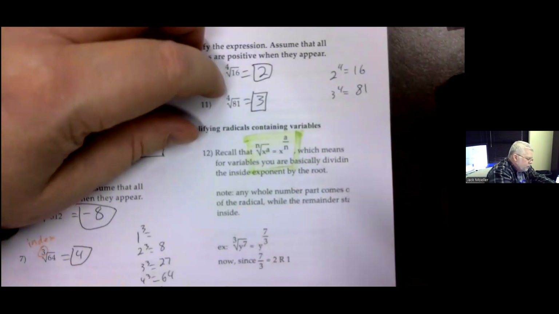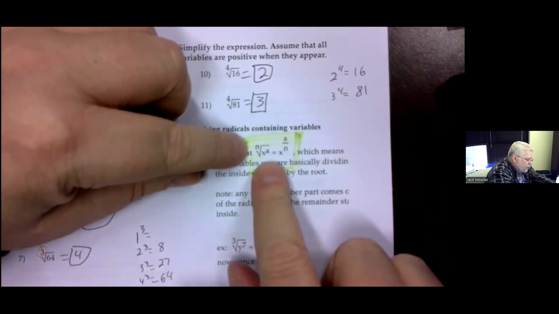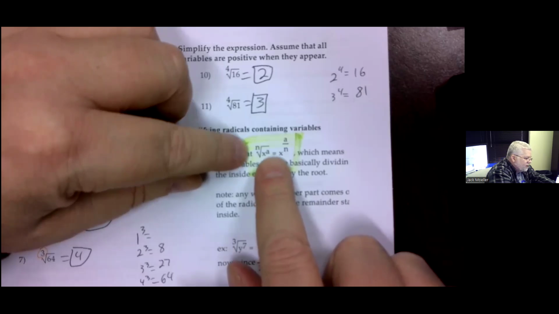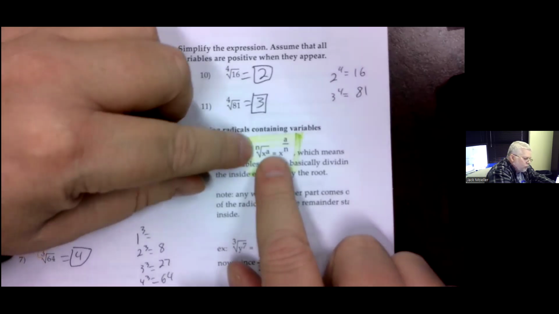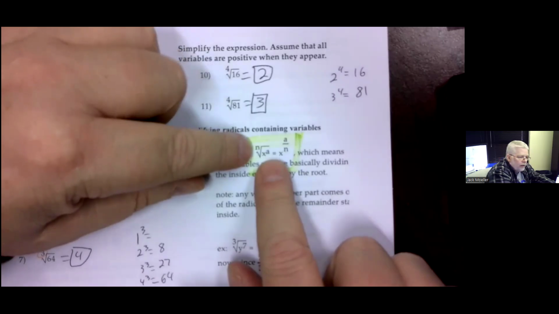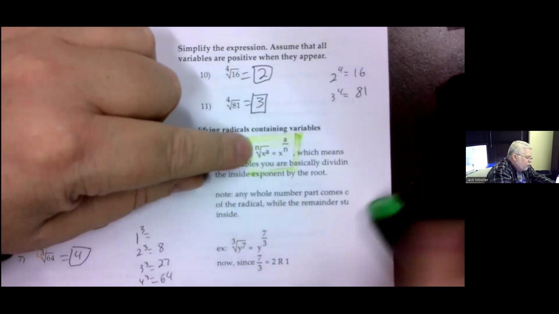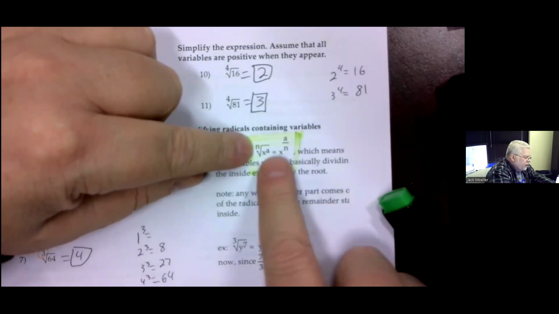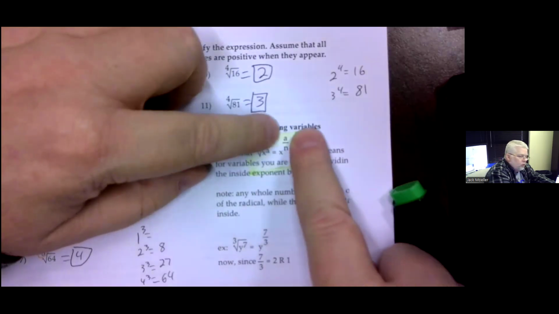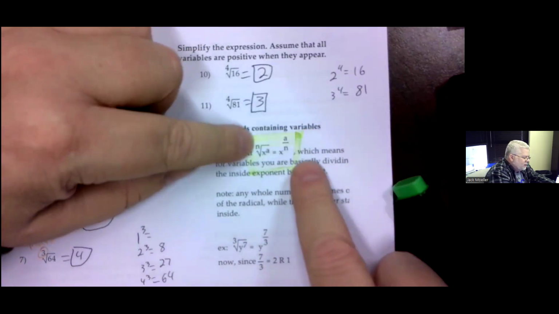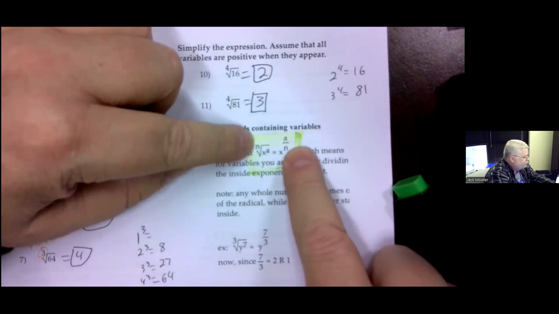If you have x to the a power, the nth root of that, we write it as a fractional exponent. The inside exponent is going to be the numerator. The index of the radical is going to be the denominator of that exponent fraction.